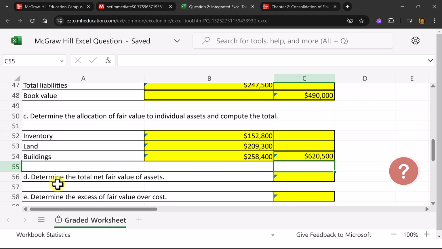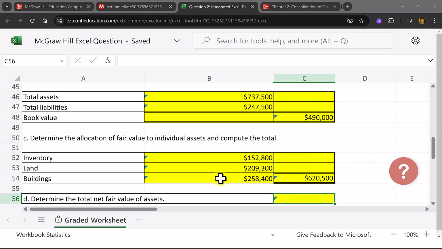Step D, determine the total net fair value of assets. So I got the three assets here. How about the other assets and the liabilities? The total net fair value of assets is not just this.